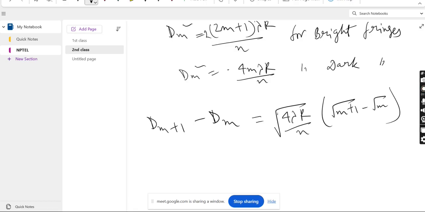Not one reading done by you and two readings by the other two persons and then you take the average manually, not like that. Then only you will get the actual result of the experiment. So basically, Newton's ring experiment is done to determine the refractive index of the liquid in the film and also the wavelength.